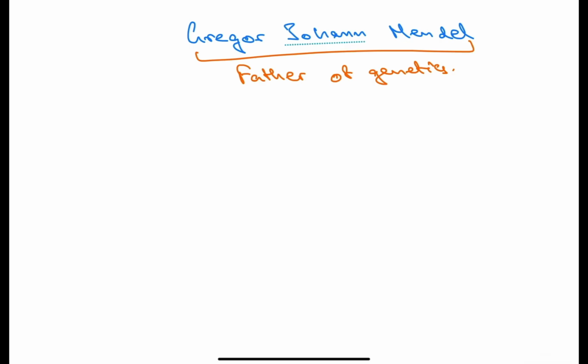He was working for a long time, but his work was only recognized in the early 1900s when people realized its importance. What he did was work with pea plants. He used pea plants for his experiments.